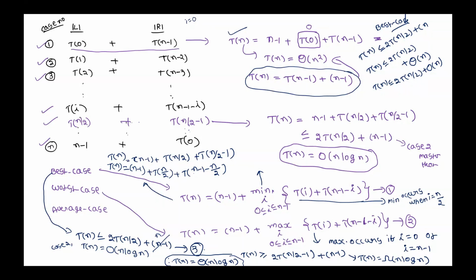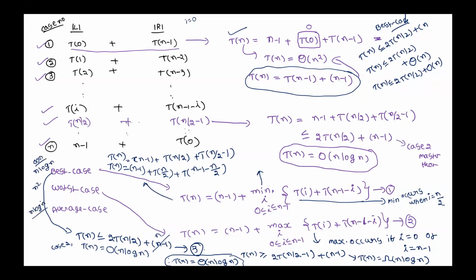What is the average case running time of Quicksort? Same as best case, that means n log n. So finally, the order of growth is n log n, this is n square, and this is again n log n.